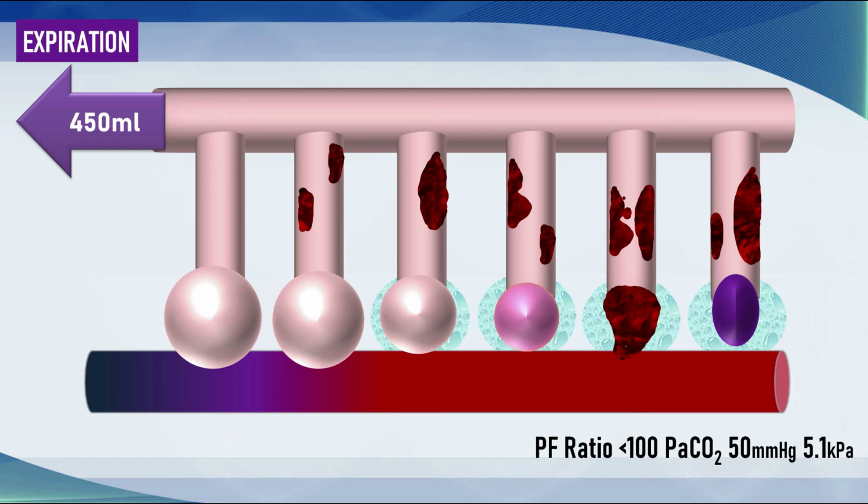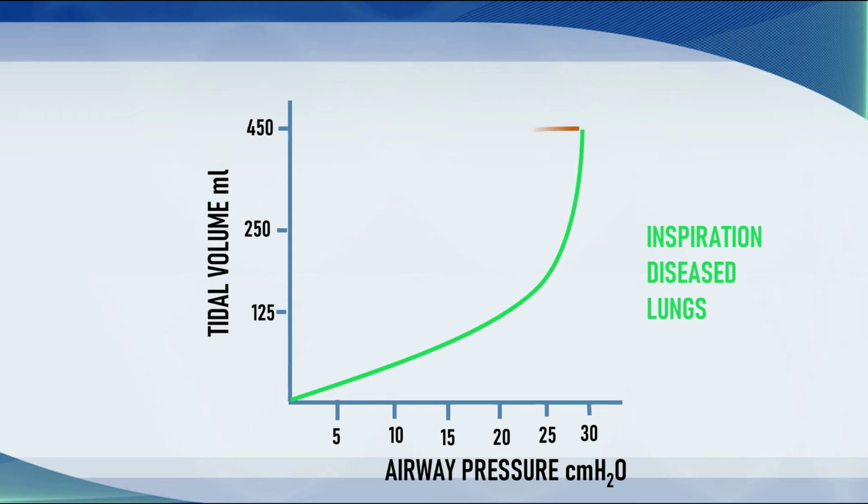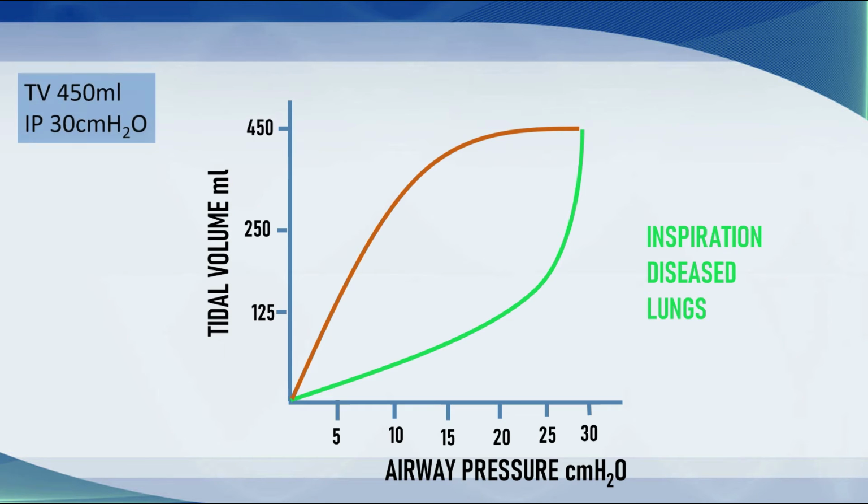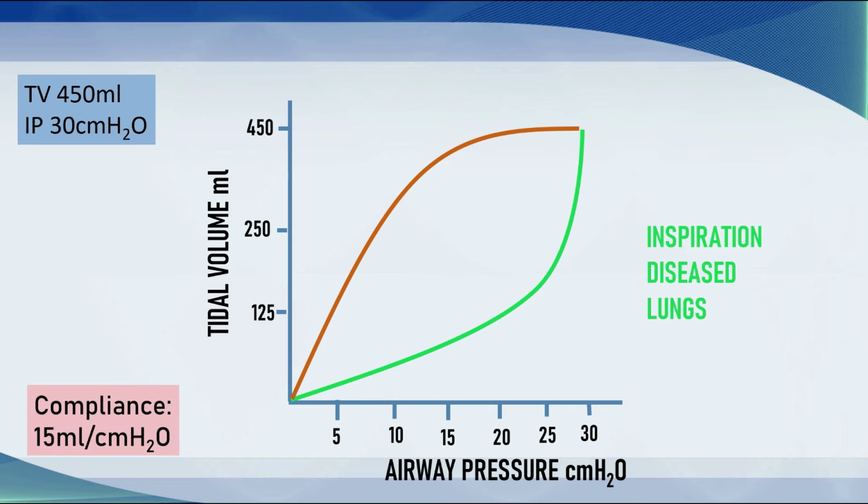So you have low lung volumes, you have a reduction in FRC, and this is going to result in hypoxemia. If we look at the volume-pressure curve here, the curve is very flat and then just goes up at the end. So the compliance here is quite poor. With a plateau pressure of 30 centimeters of water, the compliance is only 15 mils per centimeter of water.